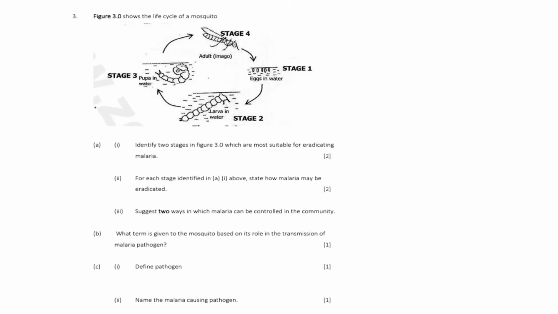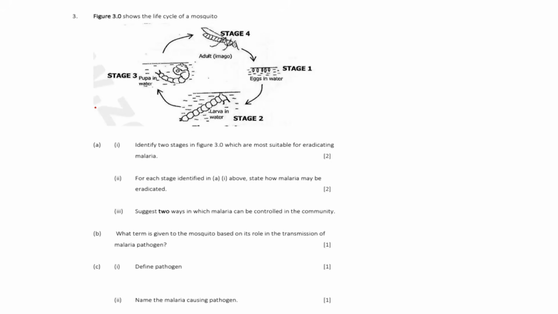That is what complete metamorphosis means. From stage 1, stage 2, stage 3 and stage 4, at all stages they have different morphologies or body forms, and different nutritional requirements and movement behavior. That is something you should know.